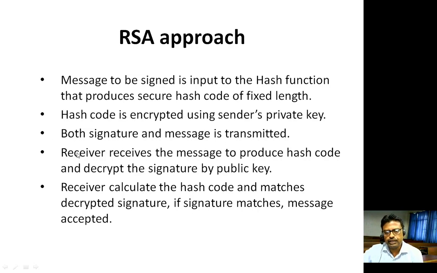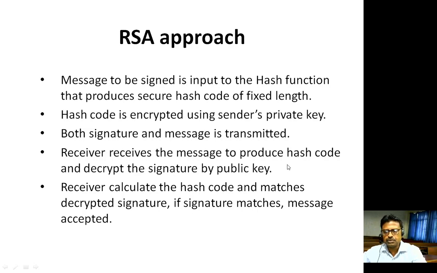Whenever the receiver receives that message, it will produce the hash code of that message and decrypt the signature sent by the sender with the help of the public key. By decrypting the signature with the public key, it obtains the hash value.